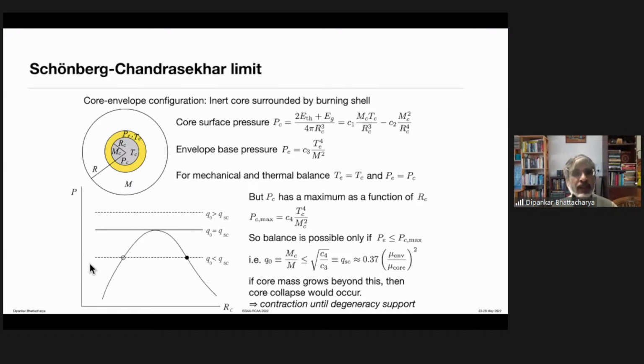For example, if Pe happens to be here, then you can find an equilibrium point here or an equilibrium point there, but this is a stable one, this is an unstable one. So you will find the final solution over here, and this configuration will be stable. But if envelope pressure happens to be up here, then there is no intersection with the core pressure. So therefore, such a situation will not be stable.